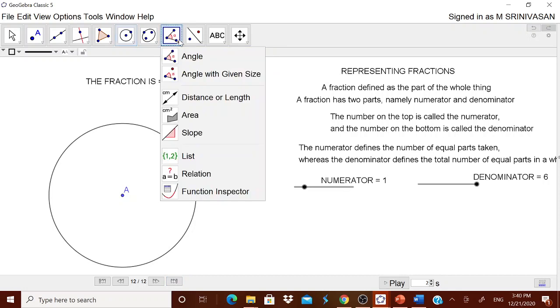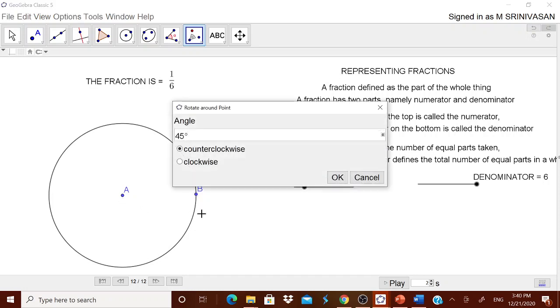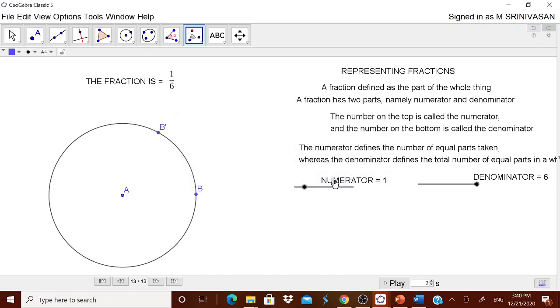I am going to rotate this B with respect to this center, and it should be 360 degrees upon denominator, the same denominator which we are having there. Okay, and in counterclockwise direction, but copy it because we have to do it several times. You better copy it. Okay, now you got it.